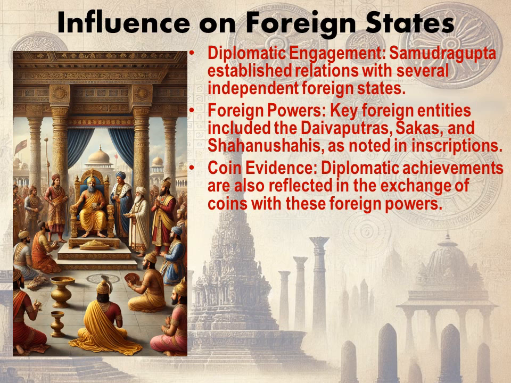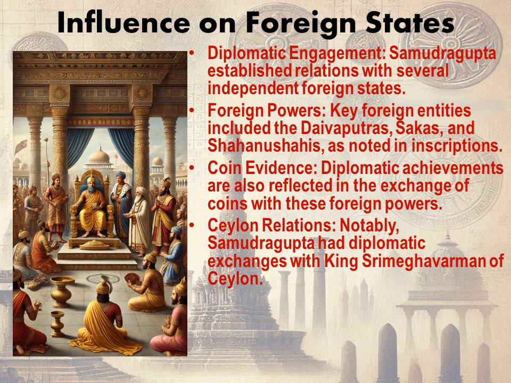Diplomatic achievements are also reflected in the exchange of coins with these foreign powers. So, diplomatic achievements are very much noted through the fact that exchange of coins with these foreign powers took place. Notably, Samudragupta had diplomatic exchanges with King Sri Meghavarman of Ceylon.